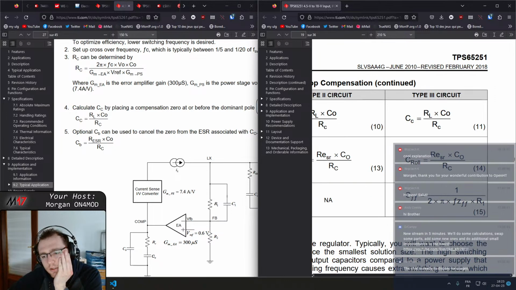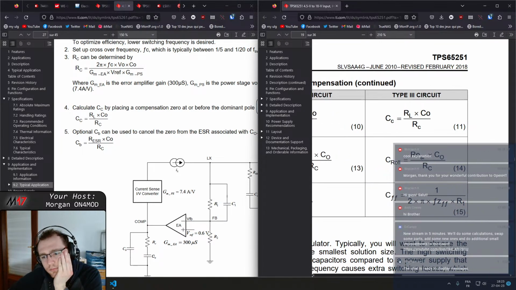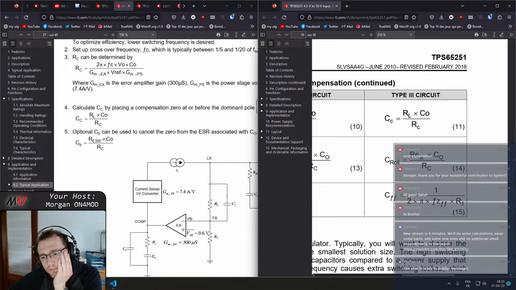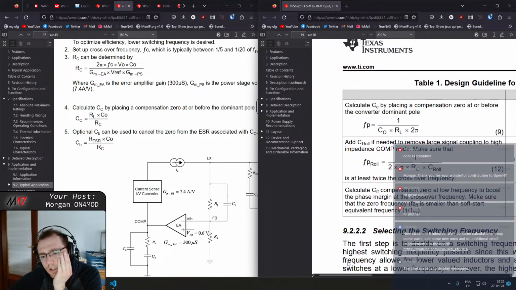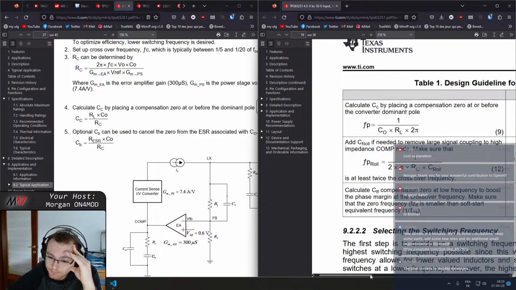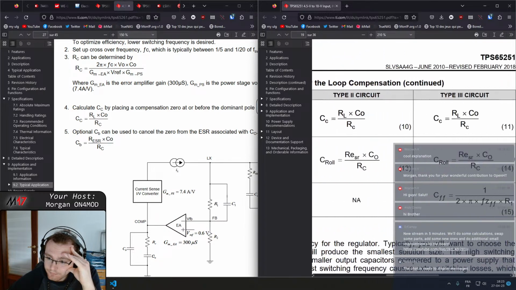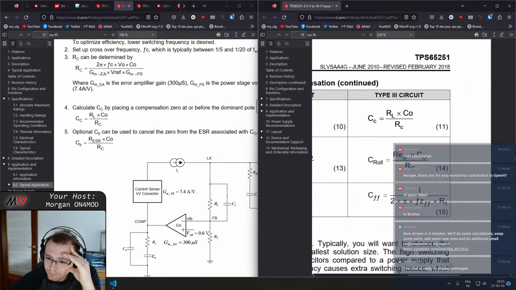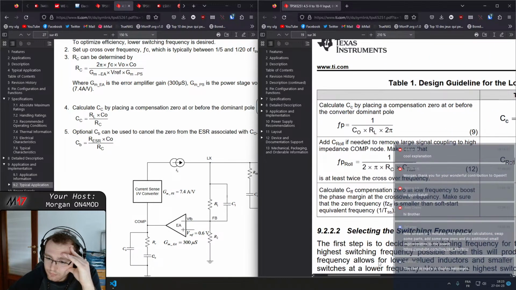So we are gonna add a zero and it must be smaller than soft start equivalent frequency.